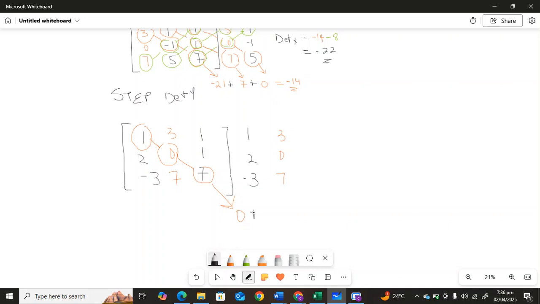Plus 3 times 1 times negative 3, that will give us negative 9. 3 times 1, 3. 3 times negative 3, negative 9.